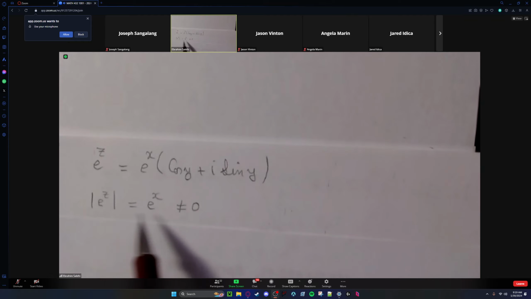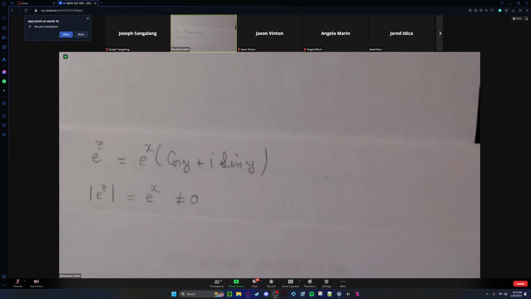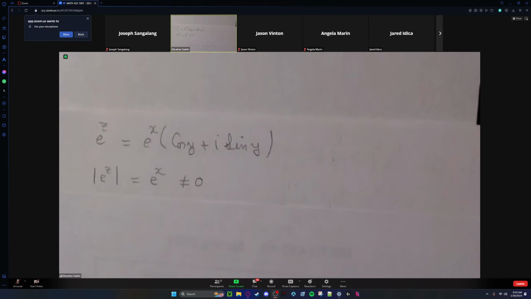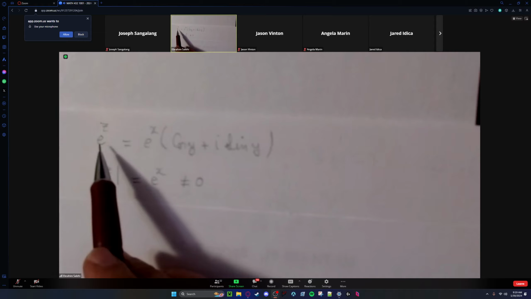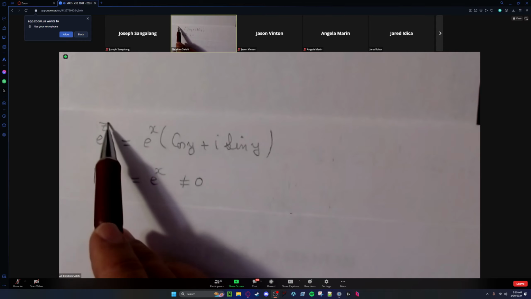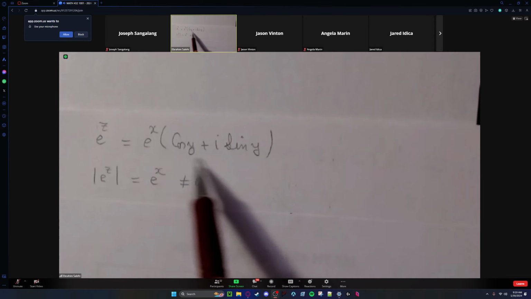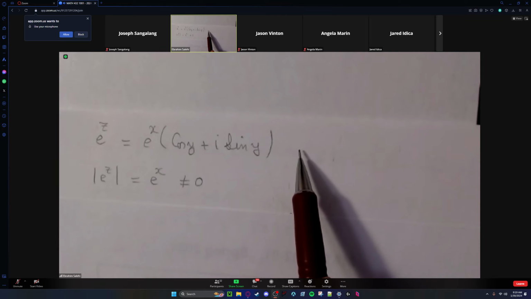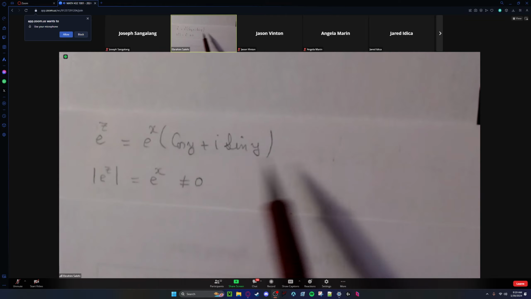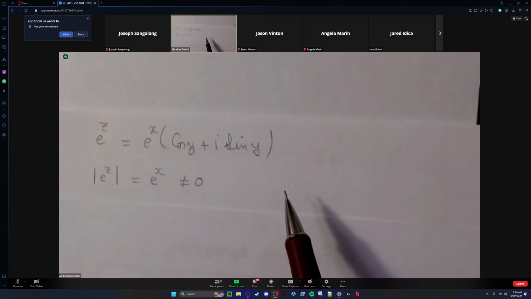So e to the z can never be 0. That's the message here. If you have z, a complex number, based on this one, we can find the result of e to the z.